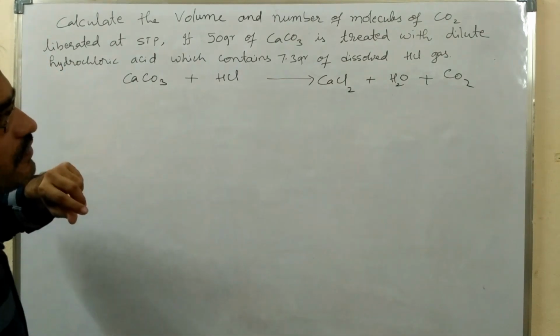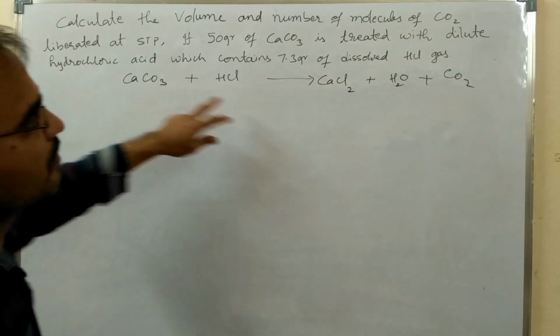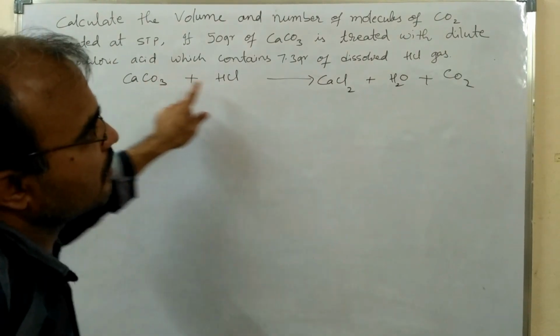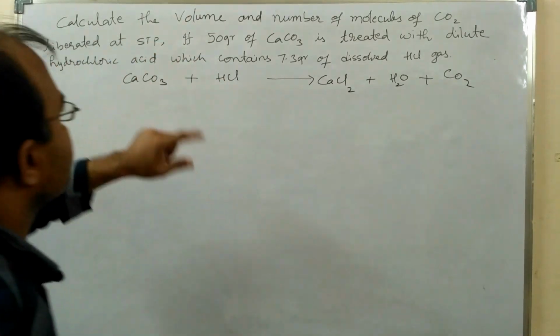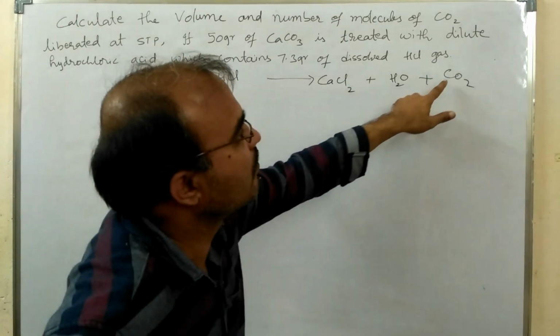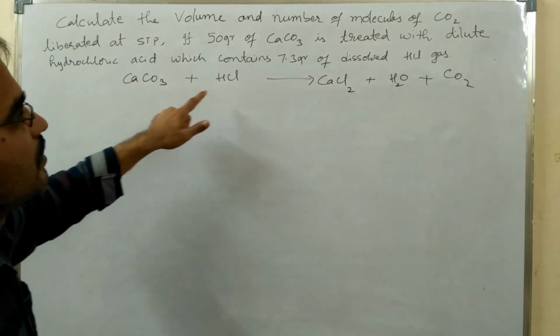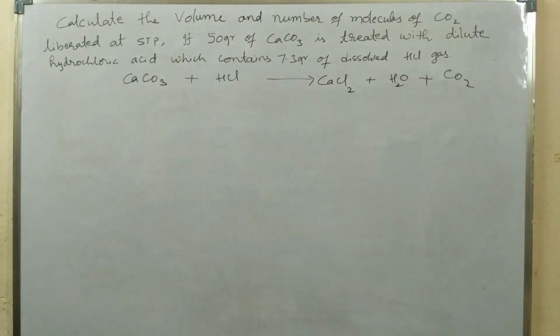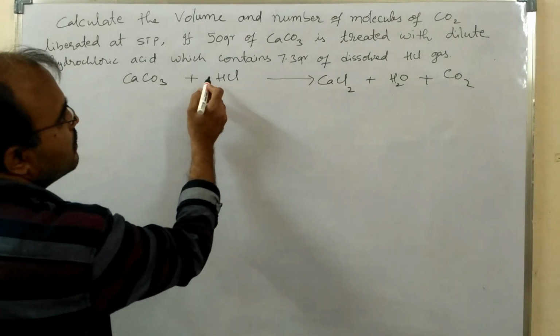So now let us balance. If you observe here, one calcium, oxygens 3, carbons 1, hydrogens 1 on the left and hydrogens 2 on the right. So let us balance the hydrogens first.